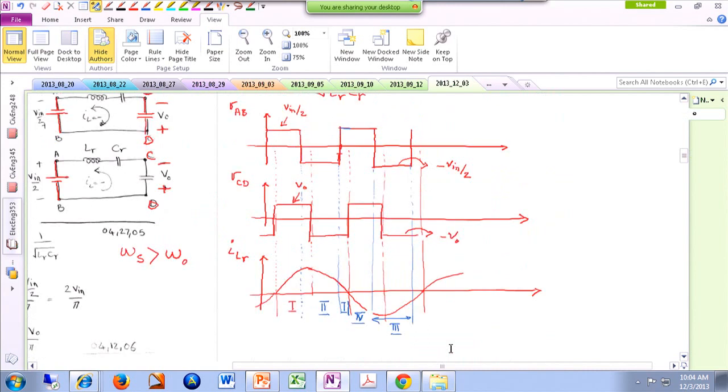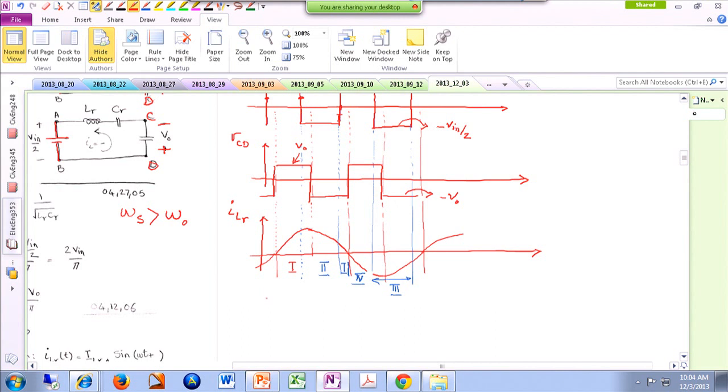So let's say we are interested in this particular switch. First of all, this switch is on from here to here. So we only have to focus on this portion. For the rest, it's 0 basically. So let me just draw it down here. Okay, so I'm looking at this current. I already know this current is 0 in the second half basically. So no current here.